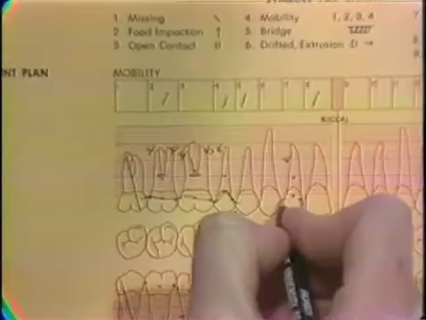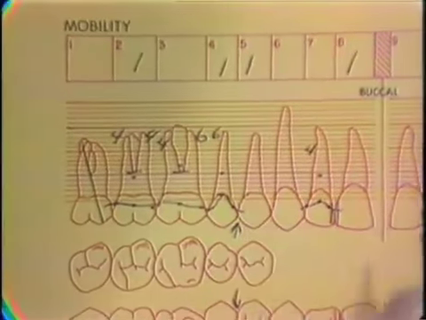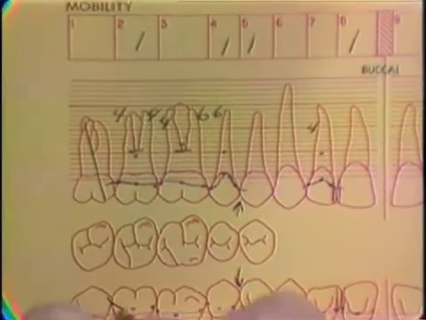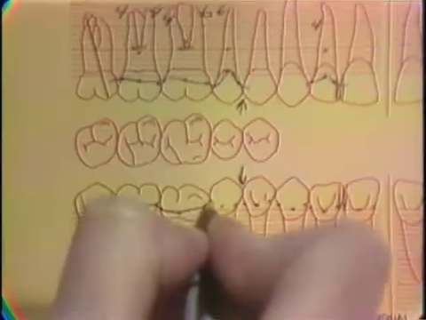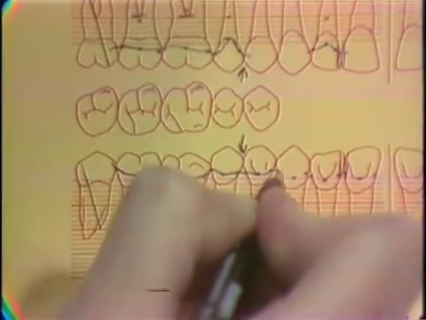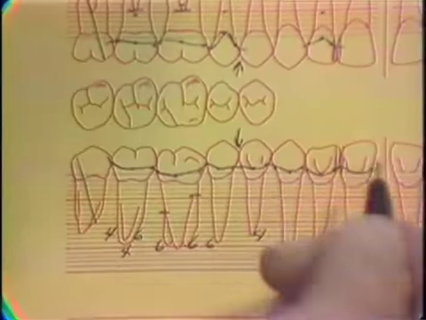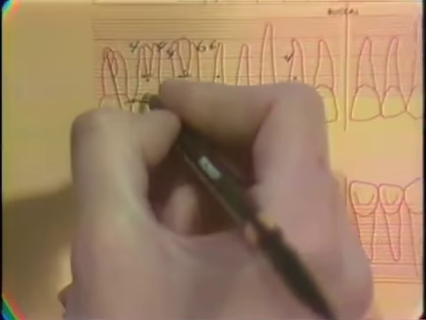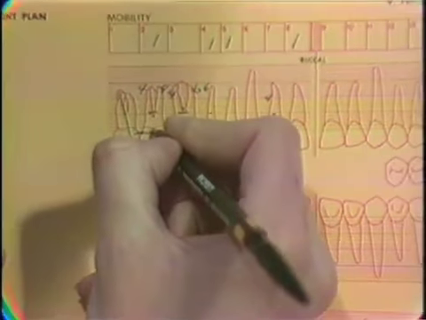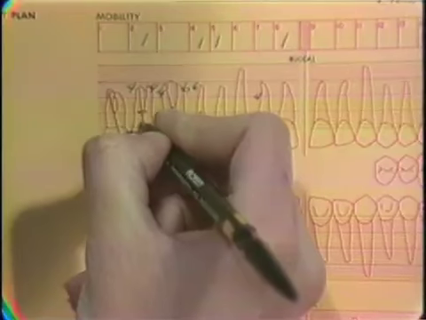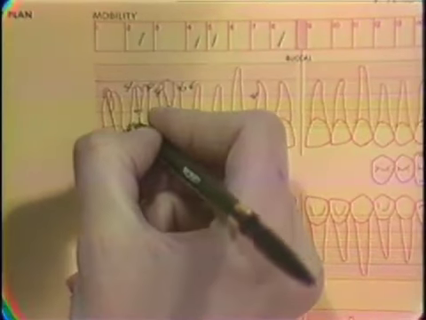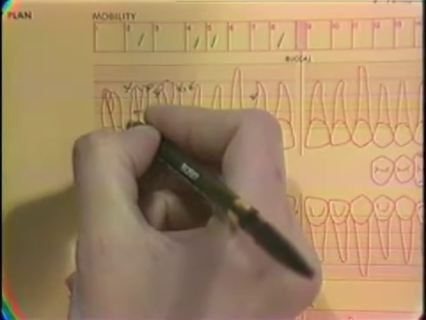Once you have completed these measurements, I would then complete the chart by filling in the dots indicating the level of the free gingival margin on the tooth, drawing vertical lines in an apical direction indicating the pocket depths, and I would make these lines adjacent to the roots of the teeth.